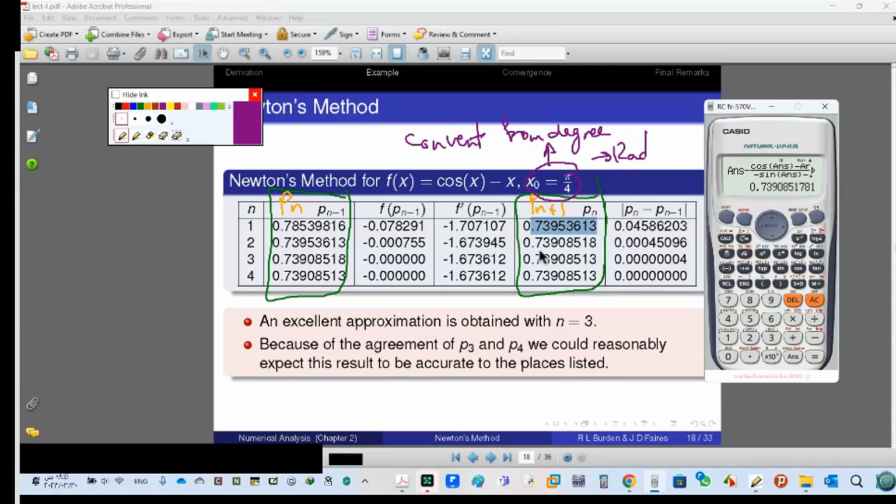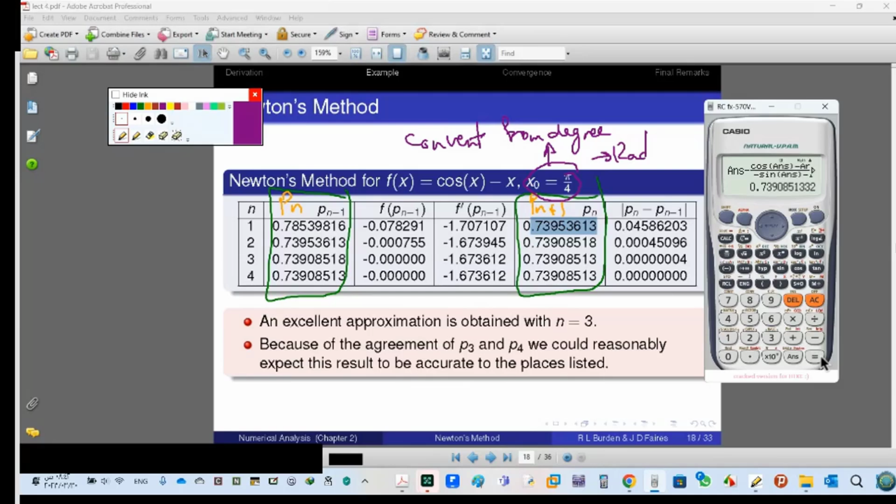This is the second one: 0.738085531. Now another one: 0.73912. Third one, same. No change. Stop. So you can find the first one, then change pi over 4 with the answer.